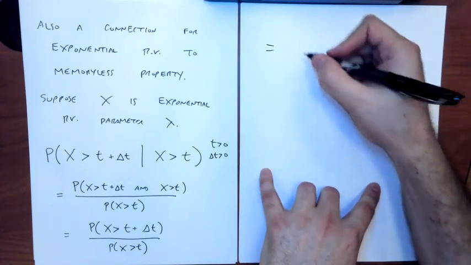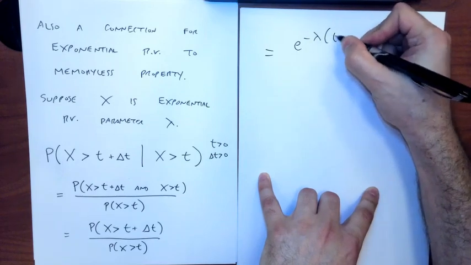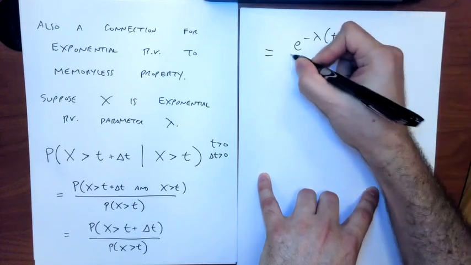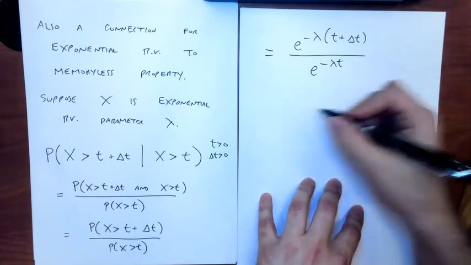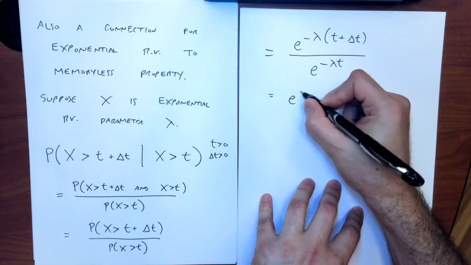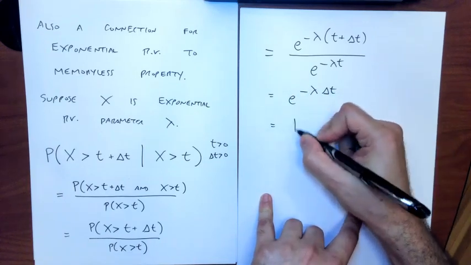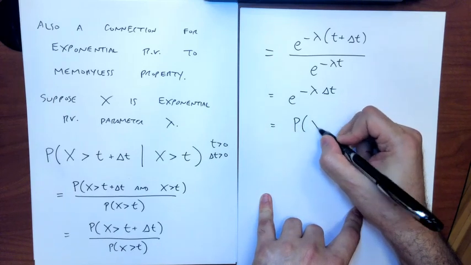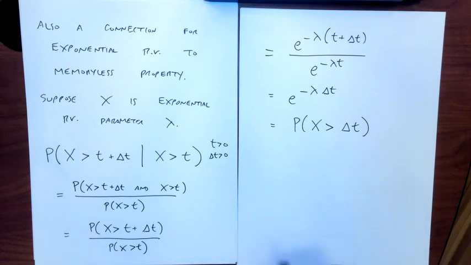Here what I have is e to the minus lambda (t plus delta t), and this is e to the minus lambda t. And so these e to the minus lambda t's are going to cancel out, and I'm going to get e to the minus lambda delta t, which is the same thing as the probability that x was greater than delta t by itself.